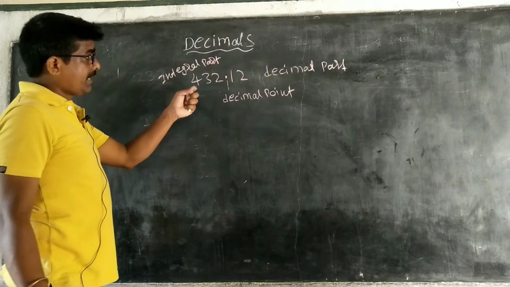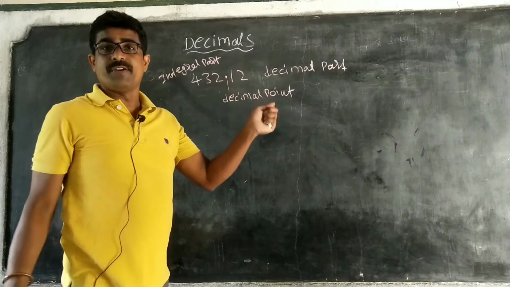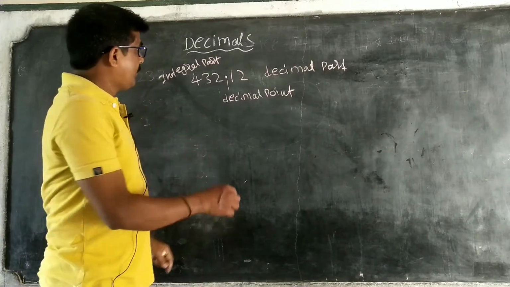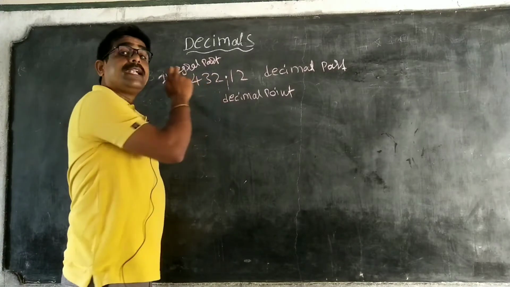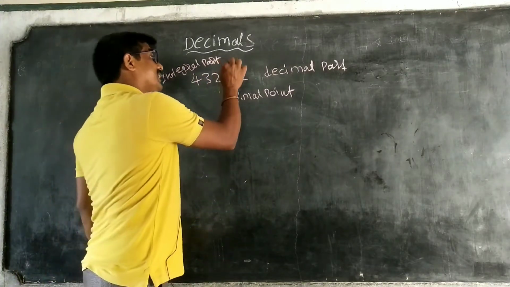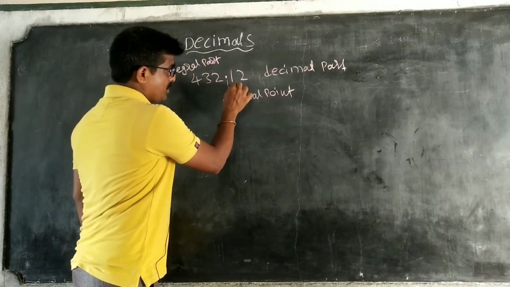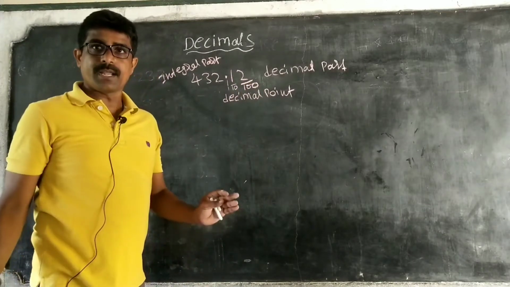So 432 point, don't call it twelve, call it one, two. Whenever this is the ones place, this is the tens place, this is the hundreds place, but this is the tenths place, that means denominator 10, and here denominator 100.